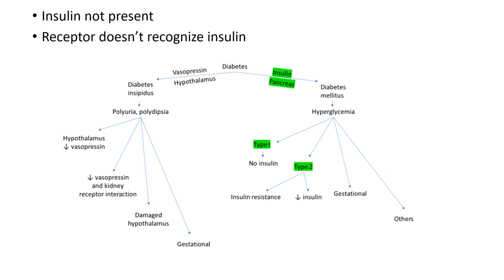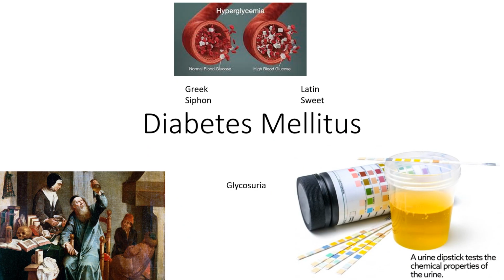The receptor insulin interaction is somehow modified and not working. Either case, you're going to have increased sugar in the blood, which is called hyperglycemia. This increased sugar ends up seeping out from the blood into the urine.